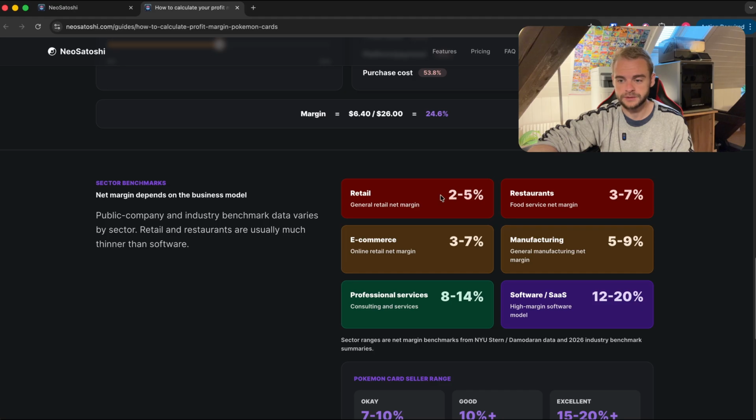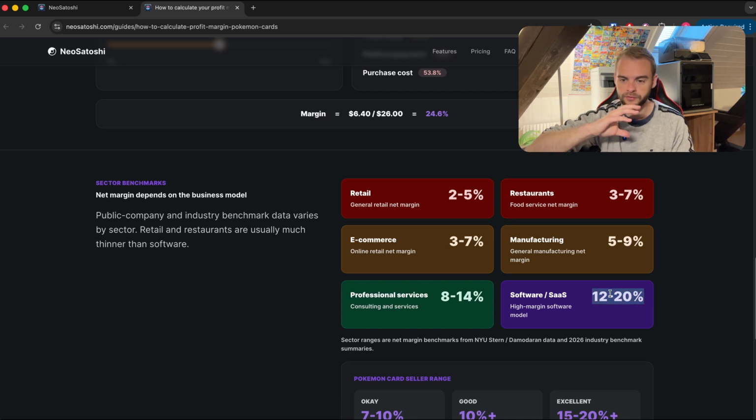Also for restaurants, it's very small. E-commerce, the same. Manufacturing, you have up to 10%, which is a bit higher. And then professional services, consulting and such stuff can have higher margins. Sometimes I think it's even higher than this, just average. Some are way above it. And then the highest is usually software or software as a service, and this can also go higher than these numbers.